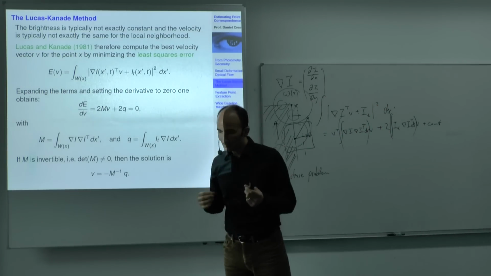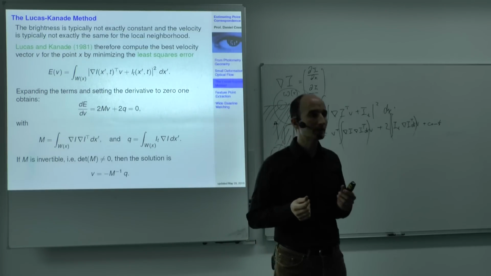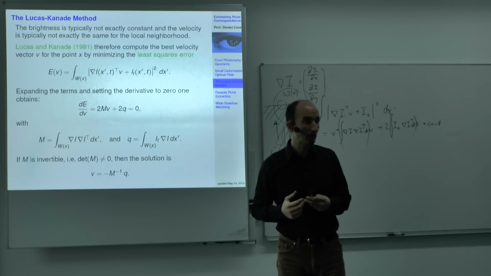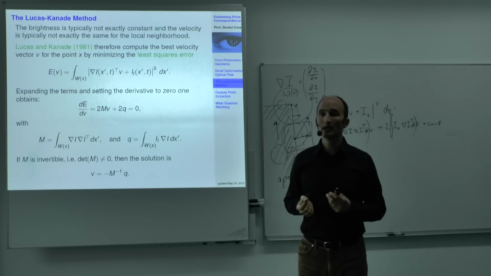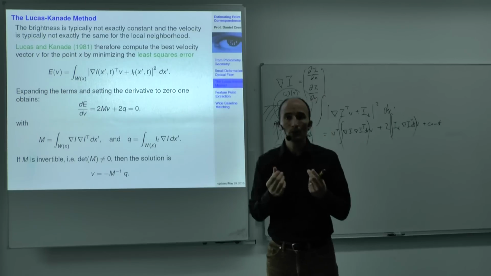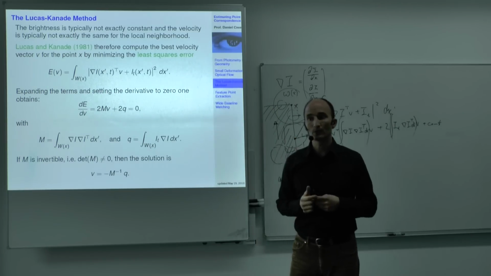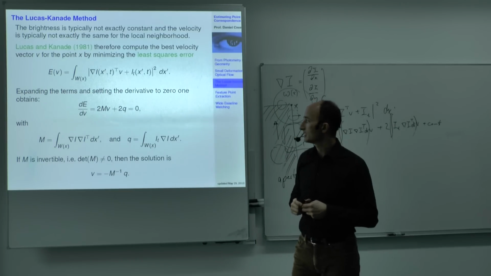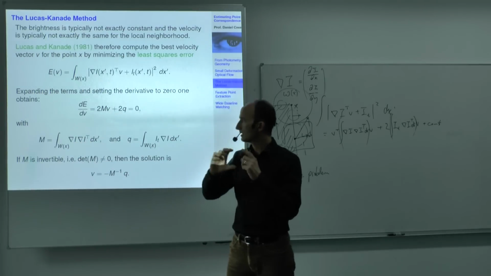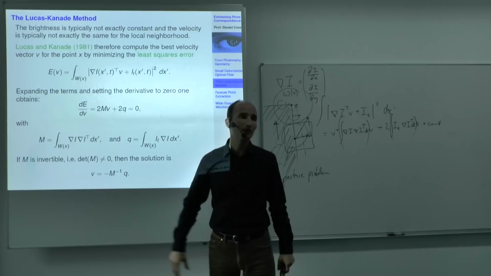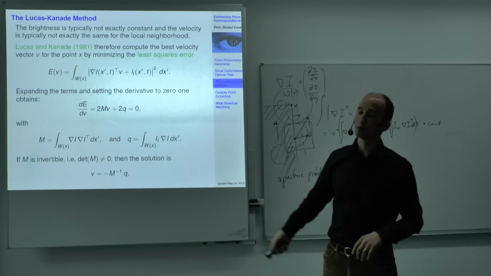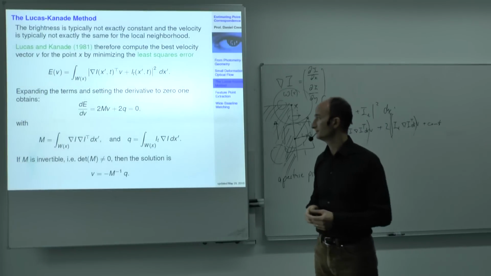But as I said, in the real world, things are typically textured. We don't live in this black and white world, we have a world where things are textured, and even homogeneous colored structures will have varying appearance once you take images. And so typically when you take a window in a real world scenario, the determinant will be non-zero. And then you can invert the matrix and you can estimate a flow vector.